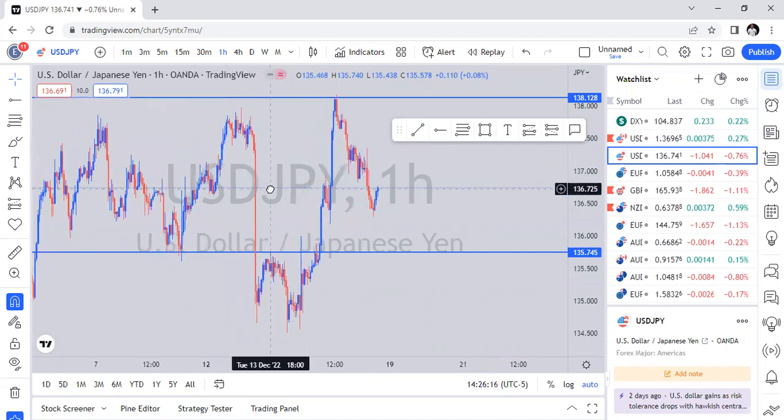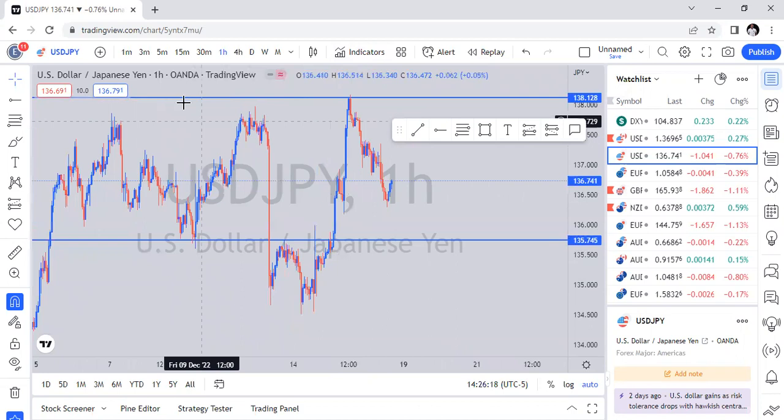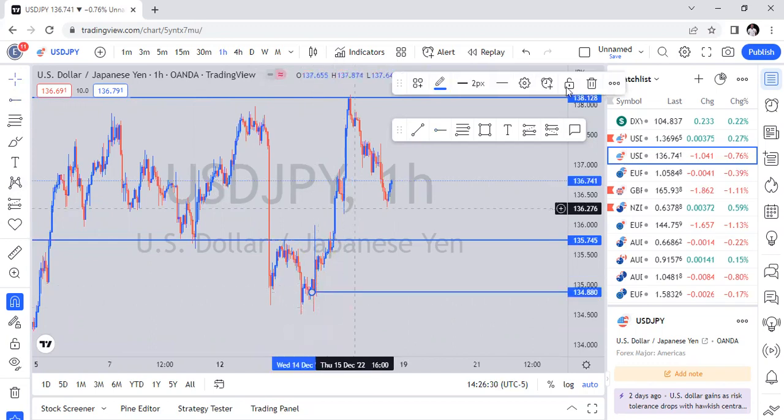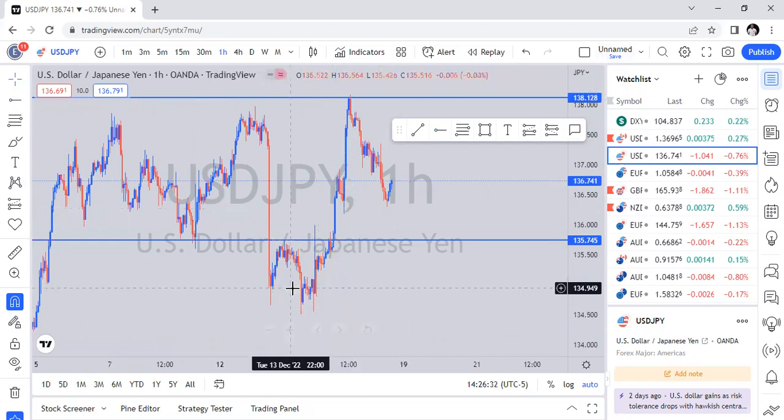So for instance, let's say we have been able to identify this high here. We have a low here, and we also have a point where the market formed this impulse here.